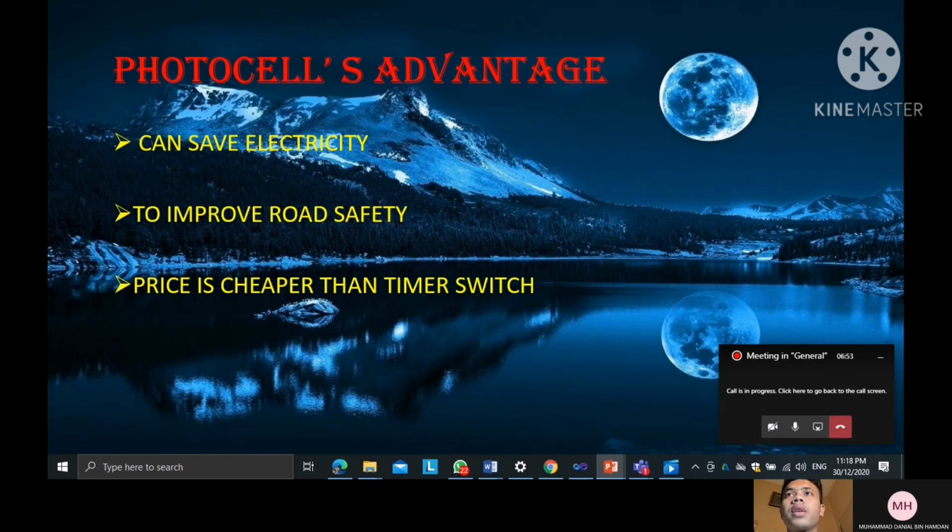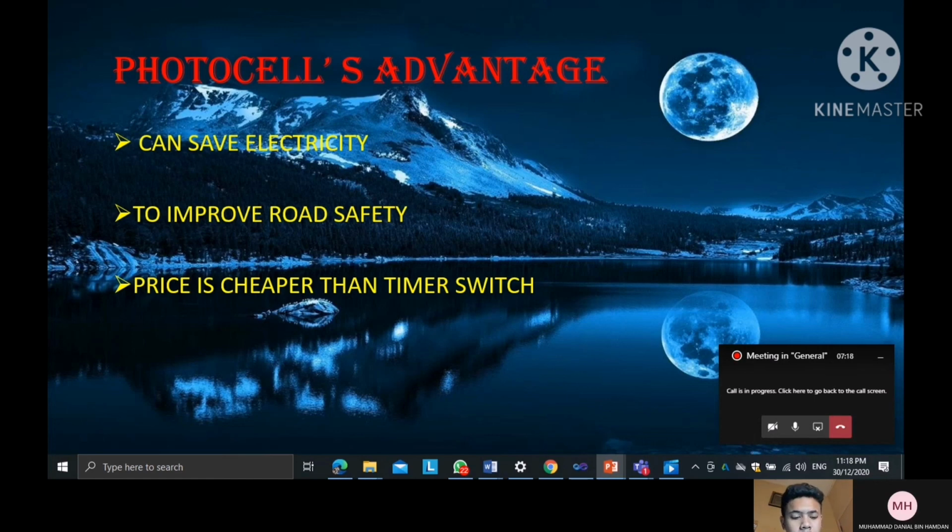So the first advantage is we can save the electricity, because it detects the presence of light. Next, it can improve the road safety, which we can find at street lights.